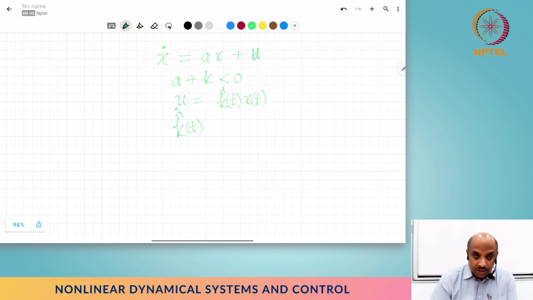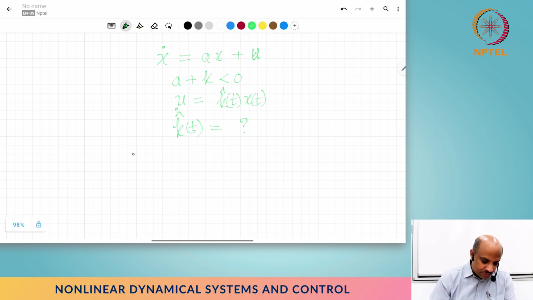In my mind, this k hat is approximating k, and that would stabilize the system. At least that was the original idea when they introduced adaptive control, but as I said, without stability it could be very dangerous. So we are trying to estimate this k, and u is going to be k hat times x, where k hat is updated through some particular law. We'll put a question mark and replace it when we know what it is.